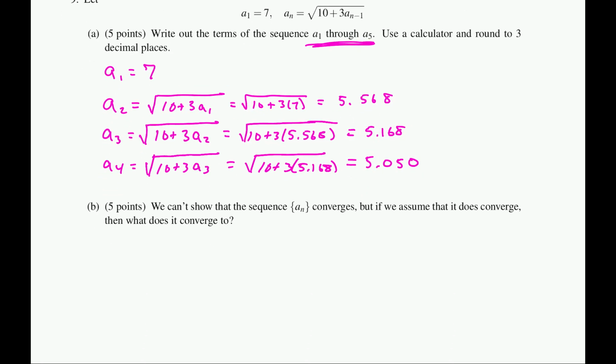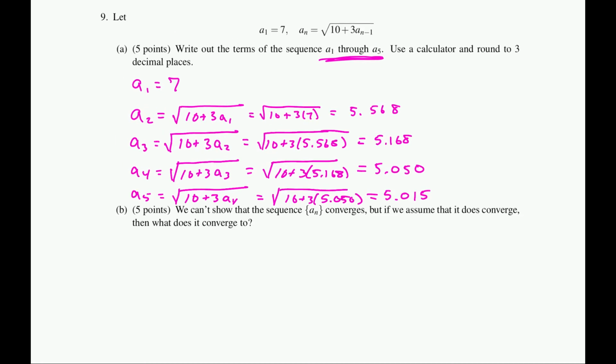And finally A5, which is the last one it says to do. So we barely have room. 10 plus 3A4. So 10 plus 3 times 5.050. So we have square root 10 plus 3 times 5.05. And I get 5.015. Okay. So that's it there.